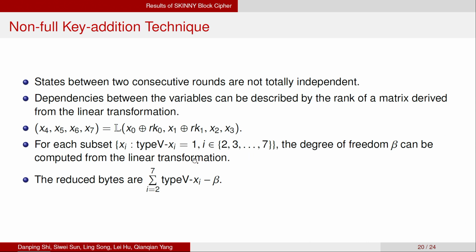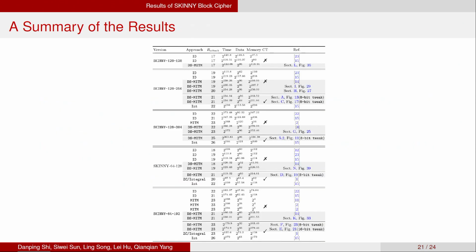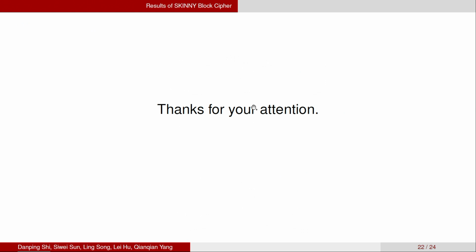So we can also obtain the reduced bias. All techniques are integrated for the search for the best attack on Skinny. The results are summarized in this table. All the meet-in-the-middle attack results are improved. Thanks for your attention.